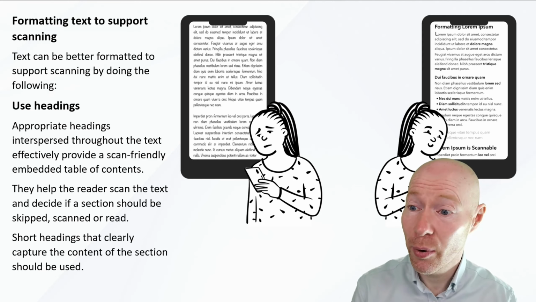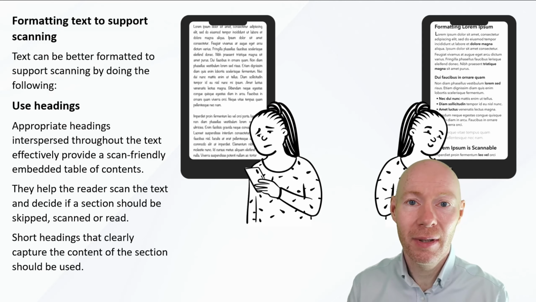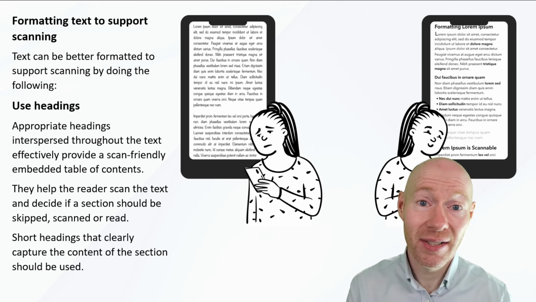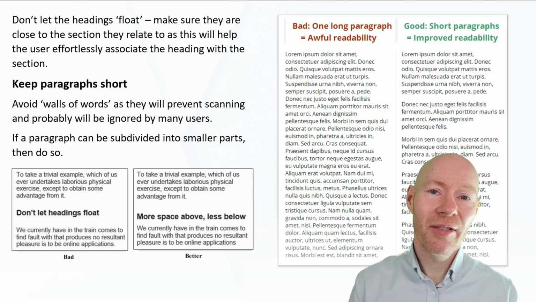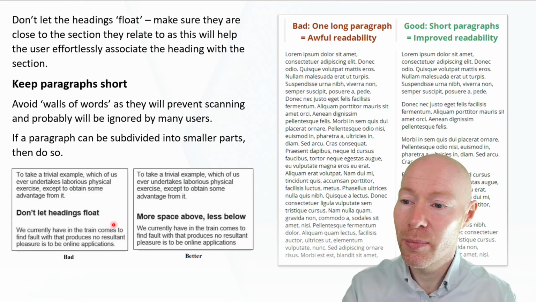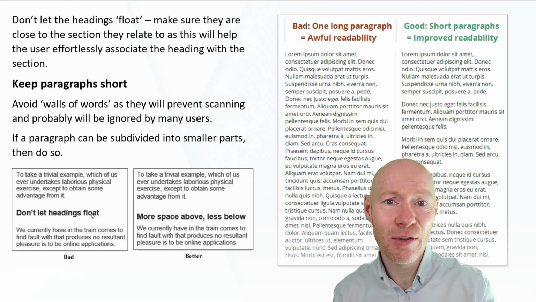And that's incredibly important. Ideally, our headings should be short and easily understood, while still capturing what is inside that particular section. But we don't want to let our headings float, and you can see an example of this down at the bottom of the screen. In the example on the left hand side, we have some text above, some text below, and a heading that is equidistant between them.